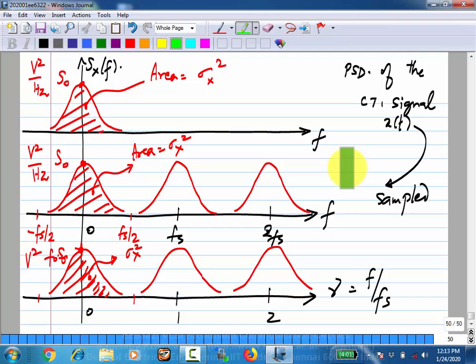Single-sided versus double-sided can give you factors of 2 here and there. You may have assumed something here, something else there, and similarly, hertz versus radians per second will give you 2 pi, and normalized frequency versus absolute frequency will give you a factor of the sampling rate and so on. Okay. Is it fine?